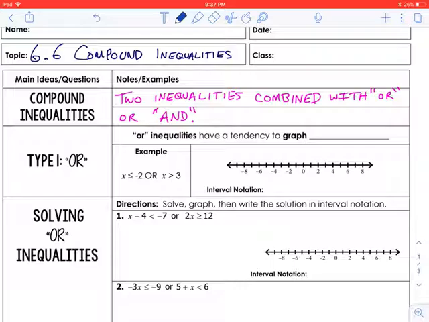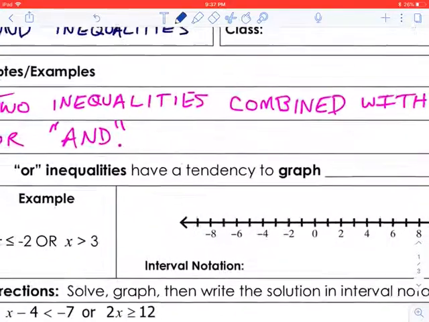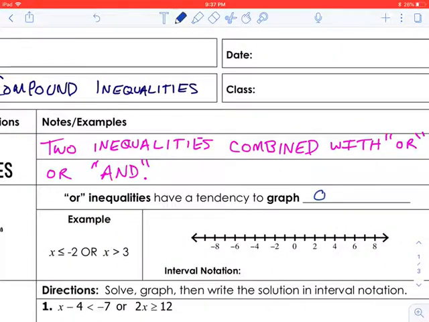So the "or" inequalities have a tendency to graph outward, okay? Or in other words, kind of like this, where you have one going this way and one going this way. Okay, that's what I mean by outward.